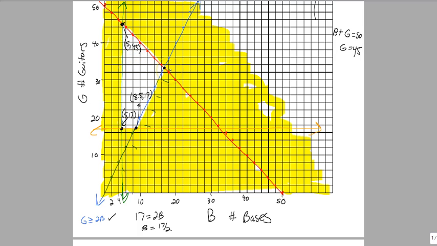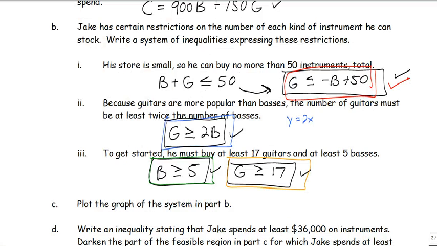And finally, this is the hardest one. You're probably thinking, how do I get those points? Okay, this is kind of why I made these in slope-intercept form, is use your graphing calculator to find the intersection. Okay, so bring your graphing calculator up and type in y equals 2x and type in y equals negative x plus 50. Those are our two equations. I'll show you those in a second. Again, we're looking at the intersection of the red line and the blue line.